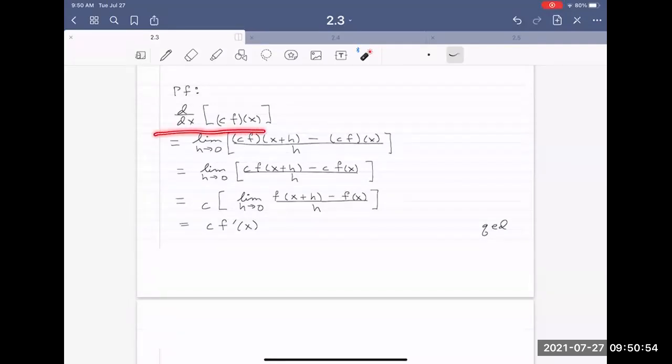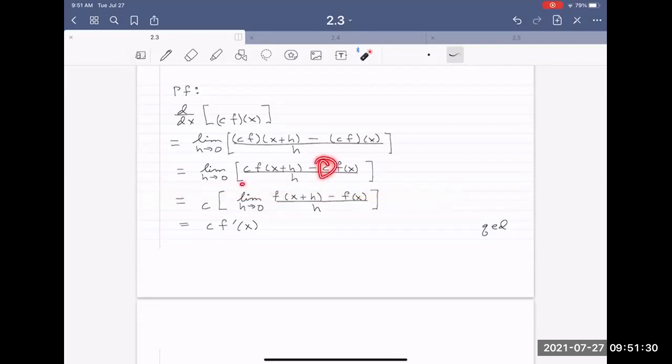The derivative of c times f at x is, by the difference quotient definition, the limit as h approaches 0 of c f at x plus h minus c f at x divided by h. Well, by the pointwise definition of scalar multiplication, this is equal to the limit as h approaches 0 of c f of x plus h minus c f of x all divided by h.